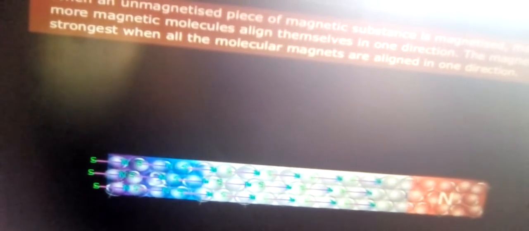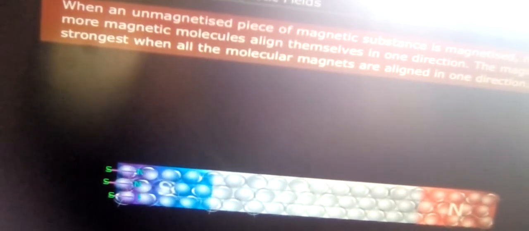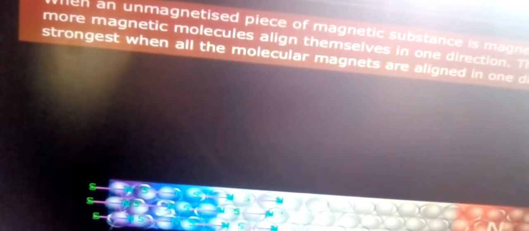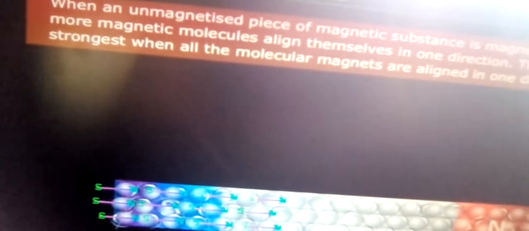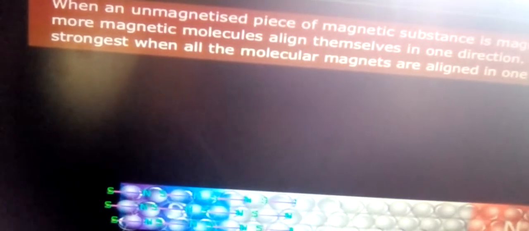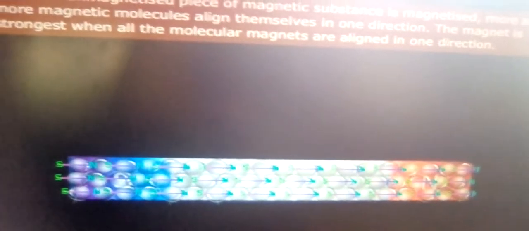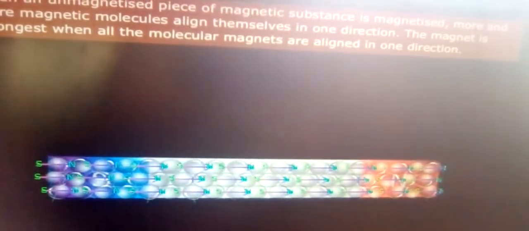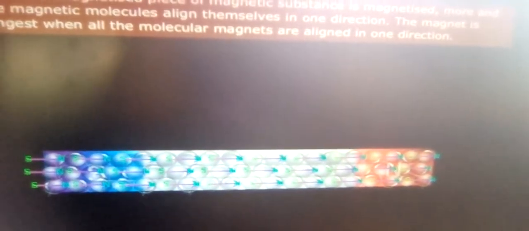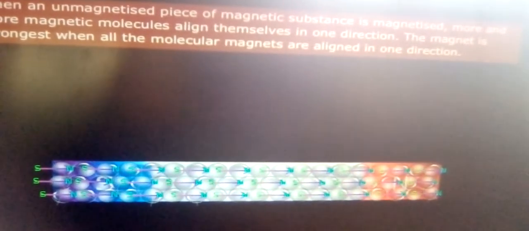When you start magnetizing, this smallest part is the one which is magnetized. When you continue magnetizing, you increase the number of atoms that are in the same direction. When you completely magnetize, all of them are in the same direction. We call this magnetic saturation. It is whereby all the atomic magnets in a particular magnet are made to align in one direction.